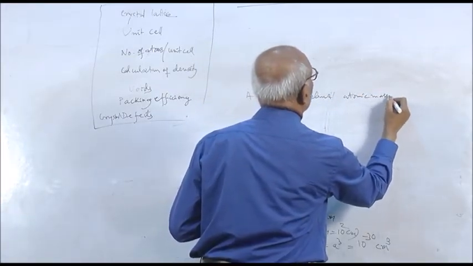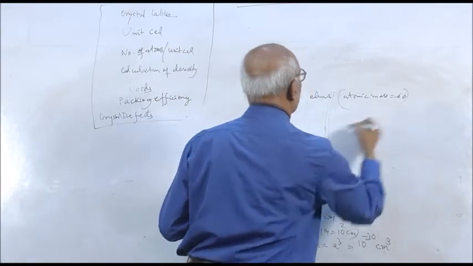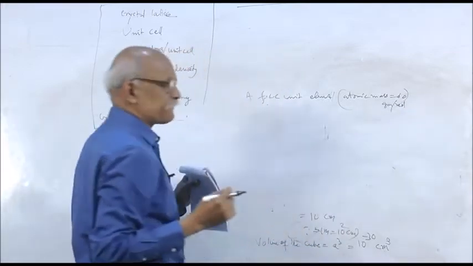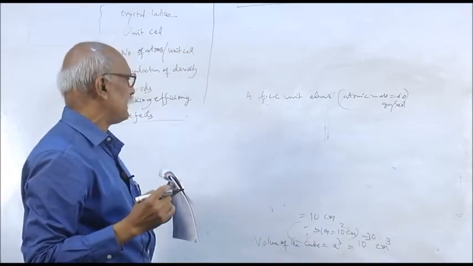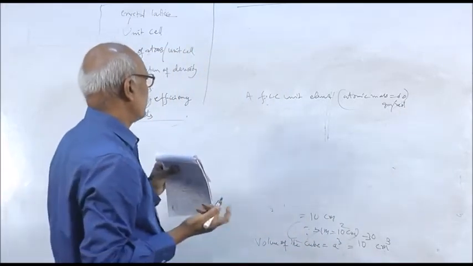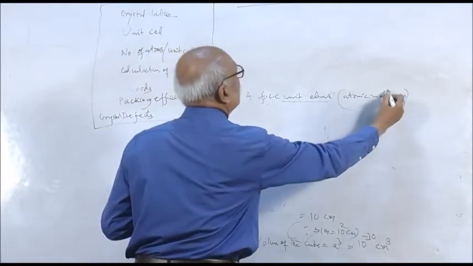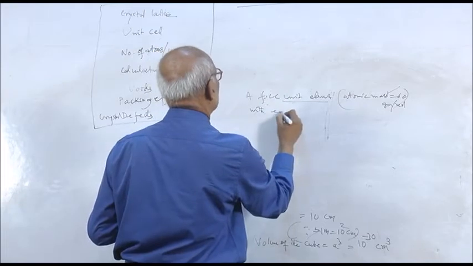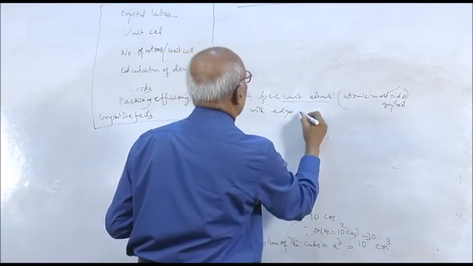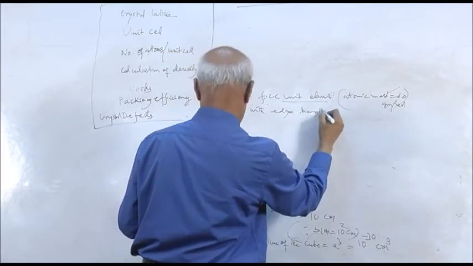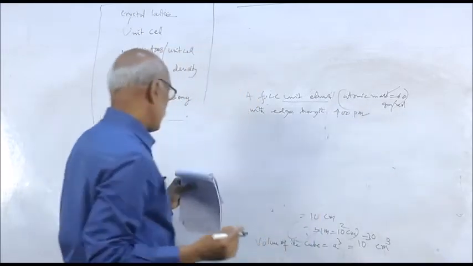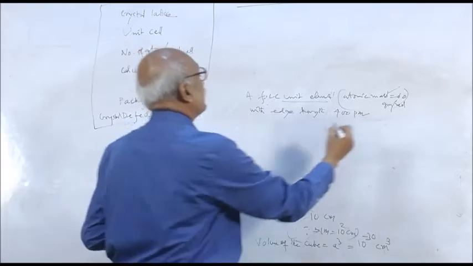Atomic mass is equal to 60 gram per mole, which means 1 mole of that will weigh 60 gram. FCC of an element, with edge length, side length 400 picometer. Calculate its density.